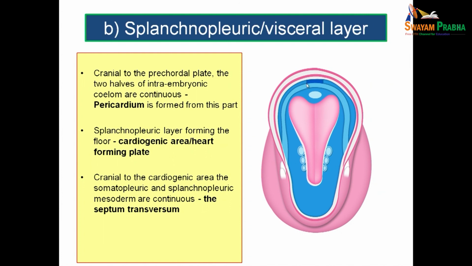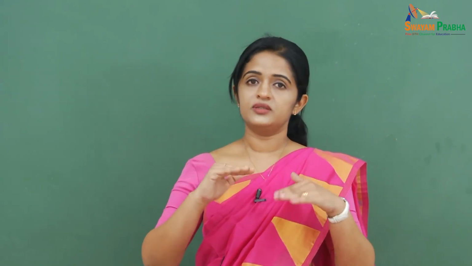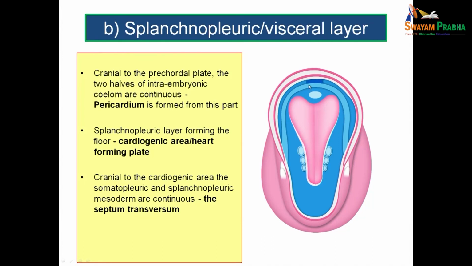The somatopleuric and splanchnopleuric layers are not lying separately. If you get a tube, this tube is a closed tube. That means at one point the somatopleuric and splanchnopleuric layers are continuous. So in the cephalic region, these two layers are becoming continuous, and that is how the septum transversum is formed.